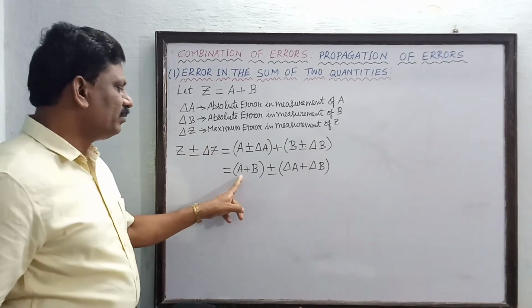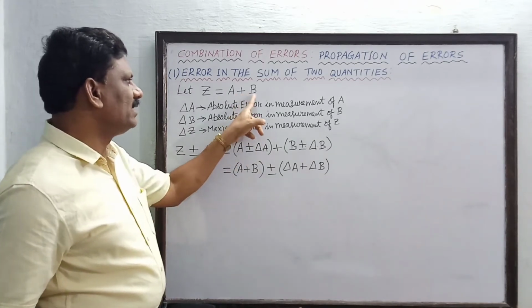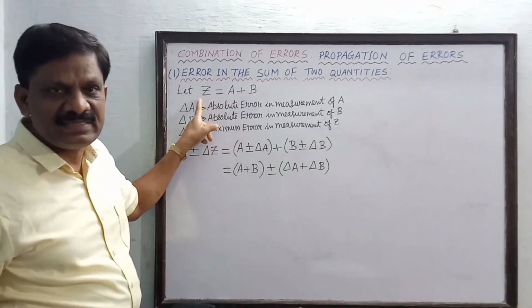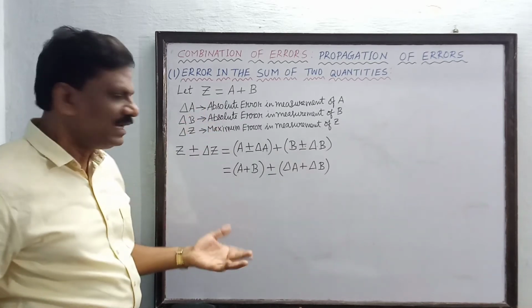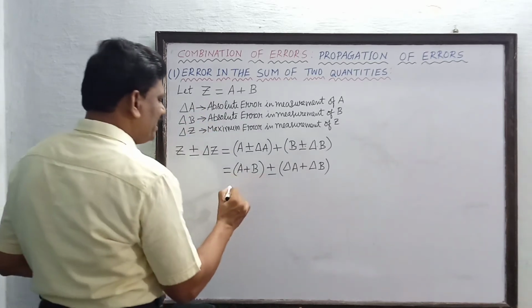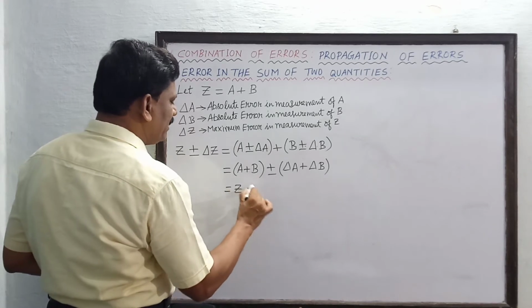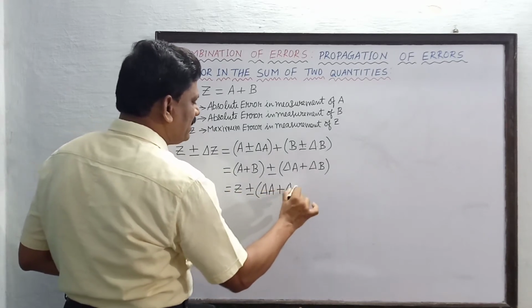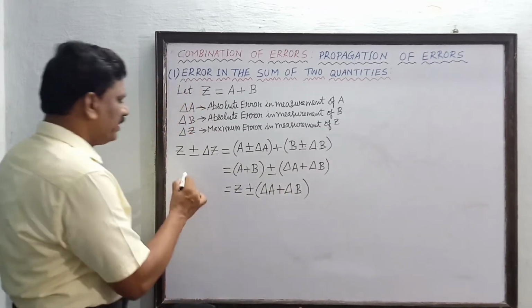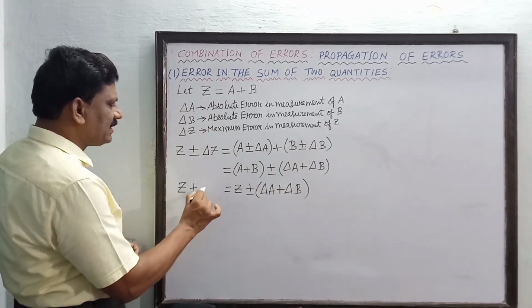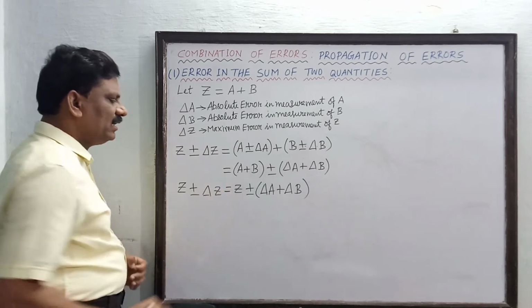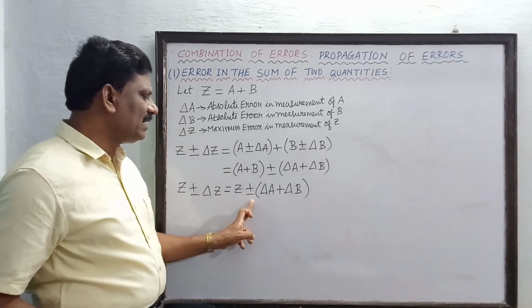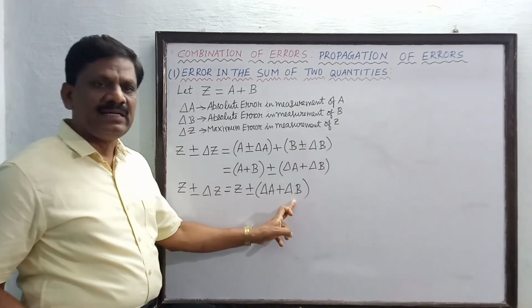Now the sum of A and B, A plus B, is also equal to Z, is it not? I am going to substitute Z in place of A plus B. So this is equal to Z plus or minus (delta A plus delta B). The left hand side is already Z plus or minus delta Z. On the right hand side, Z plus or minus (delta A plus delta B).